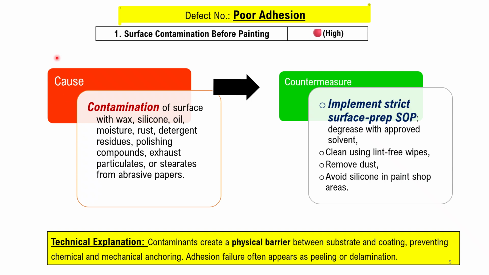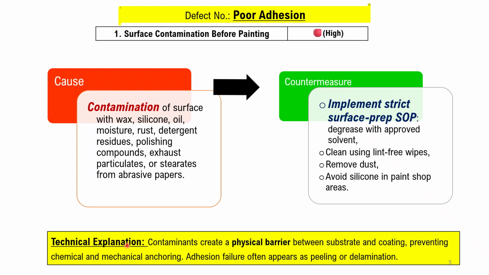The probable causes are: number one, surface contamination before painting. That is, contamination of the surface with wax, silicone, oil, moisture, rust, detergent residues, polishing compounds, exhaust particulates, or stearates from abrasive papers. Contaminants create a physical barrier between substrate and coating, preventing chemical and mechanical anchoring.